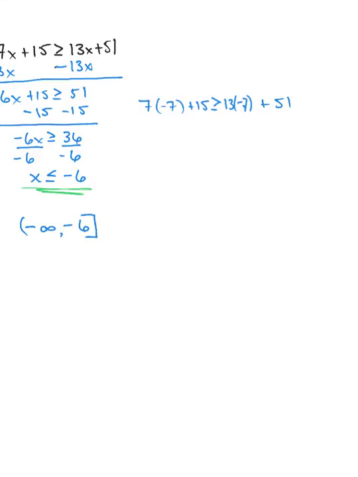So 7 times negative 7 is negative 49. We can add 15 to that. 13 times negative 7 is negative 91 plus 51, and if we simplify this, we will get negative 49 plus 15 is negative 34.